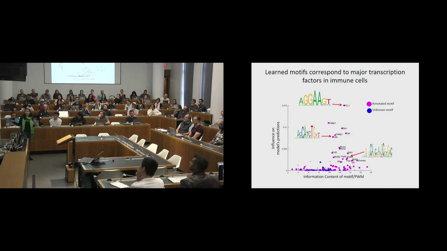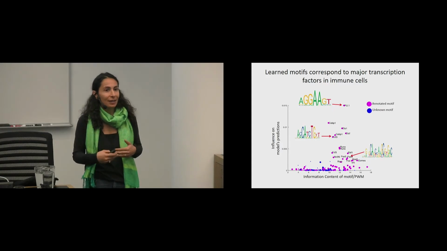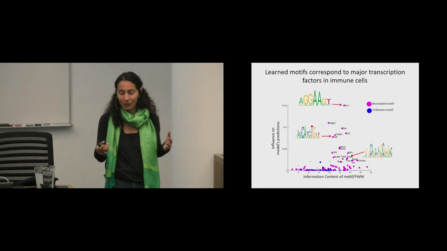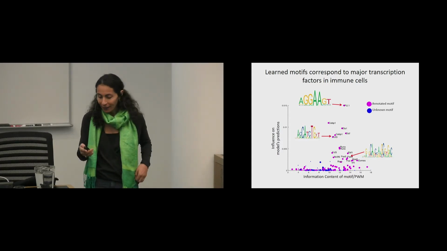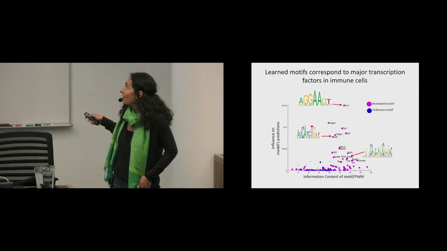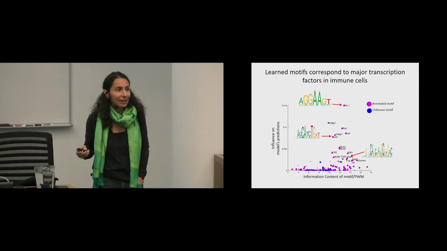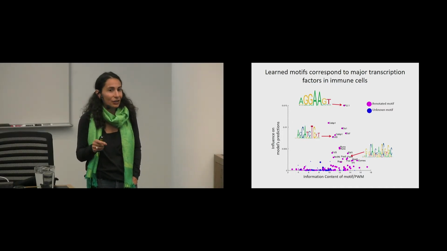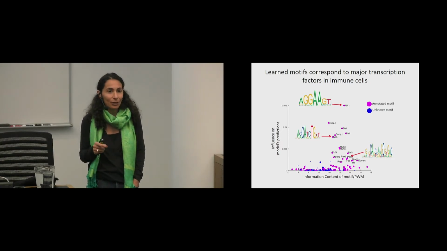So now I'm coloring these motifs by whether or not such a motif existed in a database, annotated or not, like JASPAR. And what you can see is that a lot of these influential motifs that we're finding are actually known biologically to be important motifs for transcription factors.